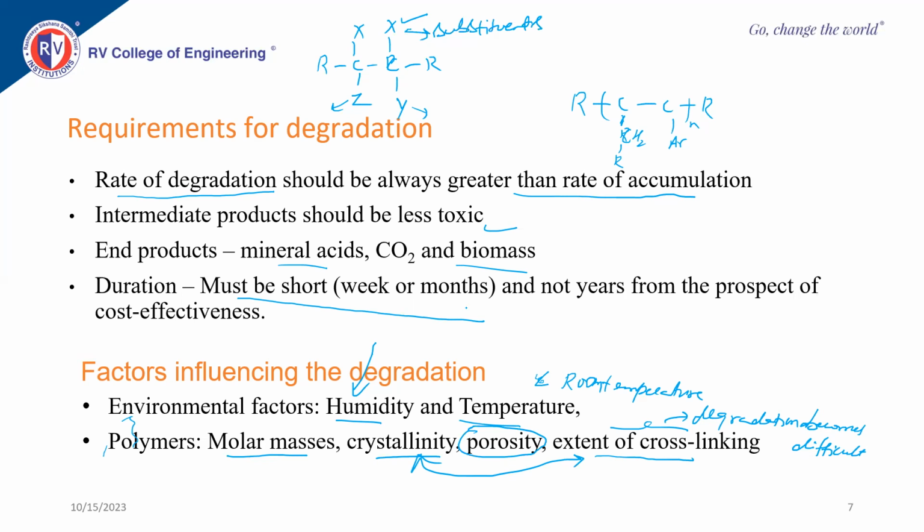But the commonly accepted view is that if the polymers are more porous, solvent molecules can easily enter the pores, for example water, which can initiate hydrolytic degradation. Even if it is more porous, you can easily rupture it because you have too many cavities within the polymer structure. So that's about the factors affecting degradation.